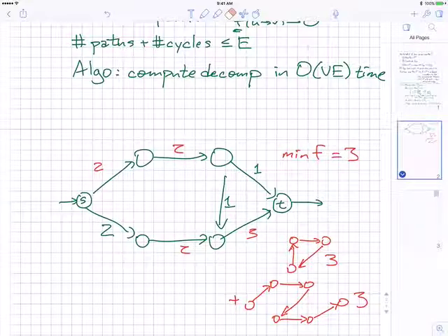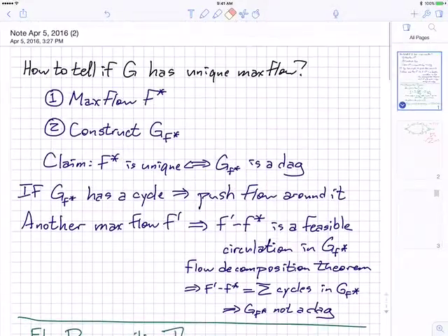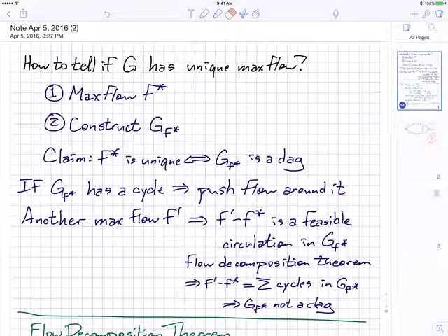Yes? Did you say how this relates to the original question on finding... Okay. So the question was, how do you find whether a graph has a unique maximum flow? And part of the proof was, suppose the maximum flow in the graph is not unique. There are two maximum flows, F star and F prime.